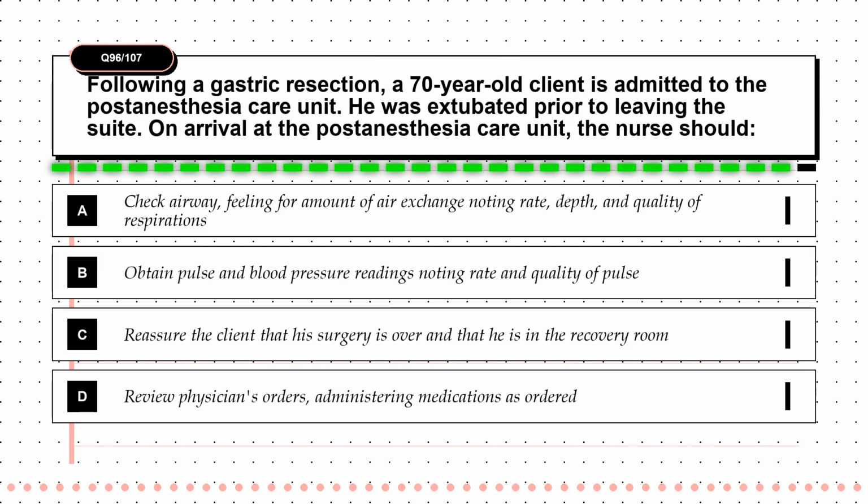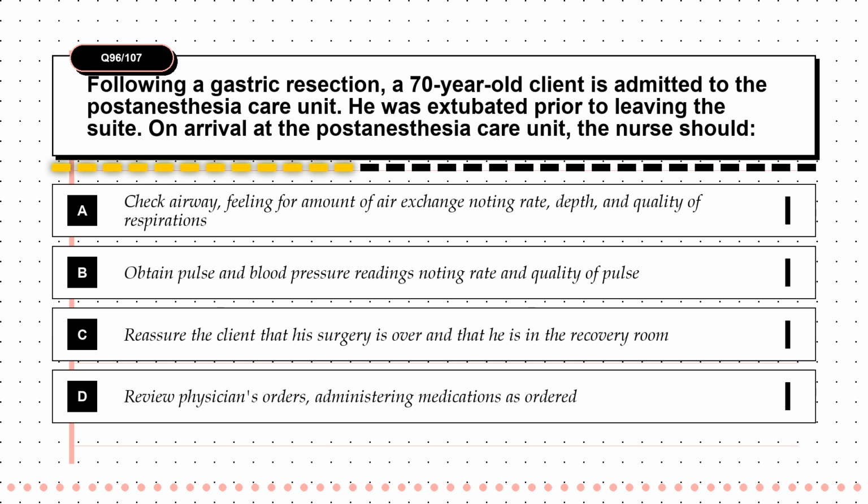Question 96. Following a gastric resection, a 70-year-old client is admitted to the post-anesthesia care unit. He was extubated prior to leaving the suite. On arrival at the post-anesthesia care unit, the nurse should. Here are the options. Option A. Check airway, feeling for amount of air exchange, noting rate, depth, and quality of respirations.